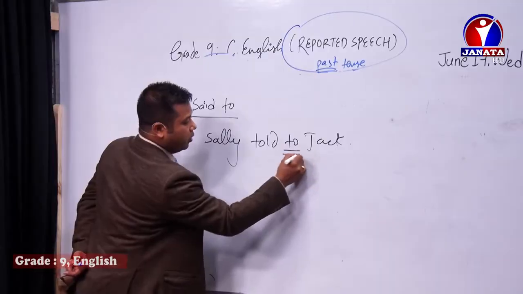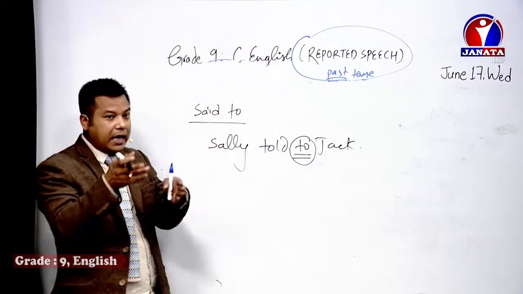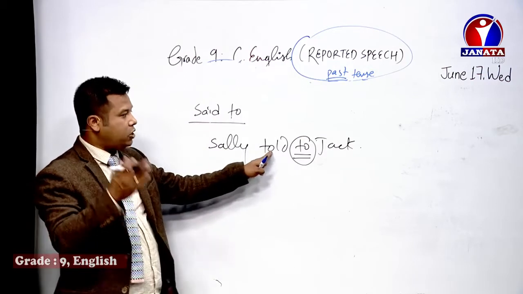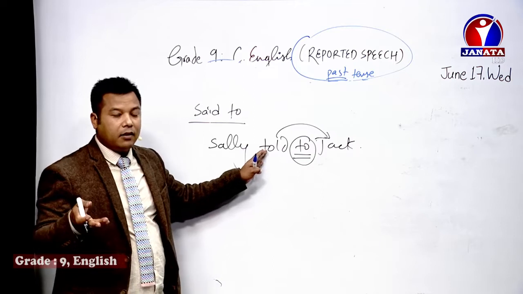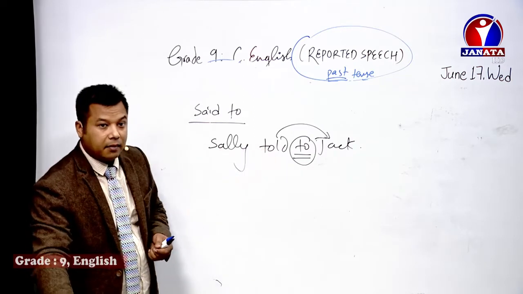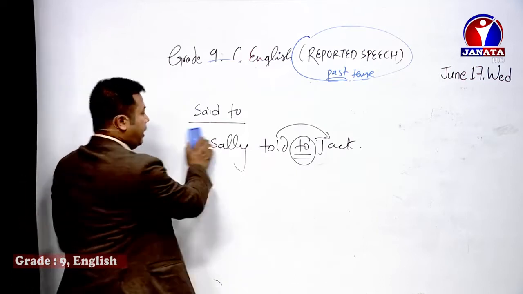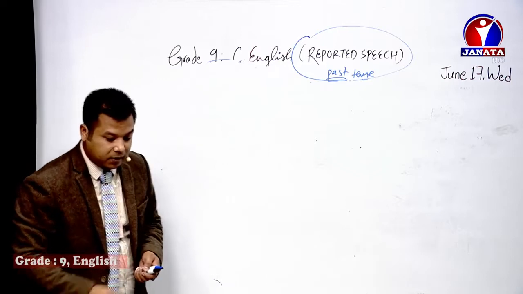We do not use to with told. Sally said to Jack is used, but Sally told Jack directly. Sally asked Jack. We don't use Sally asked to and Sally told to. This is what many people make mistakes. So I have just reminded you of not making this in your examples.